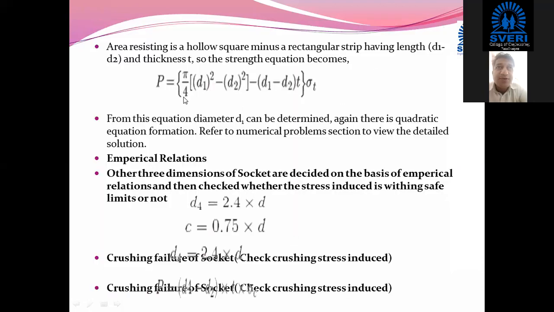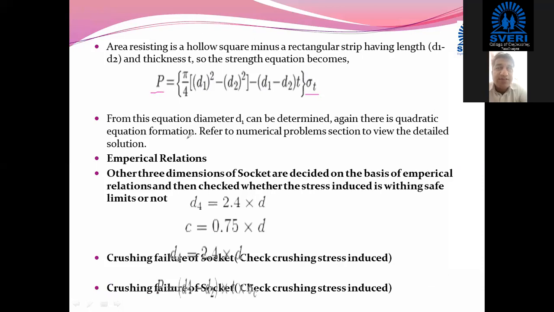That is P is equal to pi by 4 (d1 square minus d2 square) minus (d1 minus d2) into t, multiplied by sigma T, where sigma T is the tensile stress limit, which we are going to calculate after considering the factor of safety.